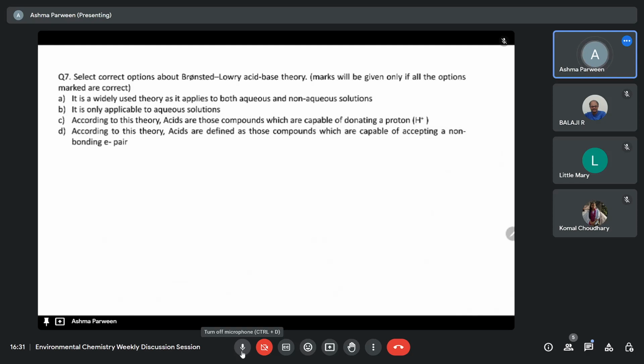Or C, according to this theory, acids are those compounds which are capable of donating a proton. Or option D is, according to this theory, acids are defined as those compounds which are capable of accepting a non-bonding electron pair. So we have to tell which of these options are correct. More than one option is correct. So I will give you all 2 minutes to think and write your options in the chat box.